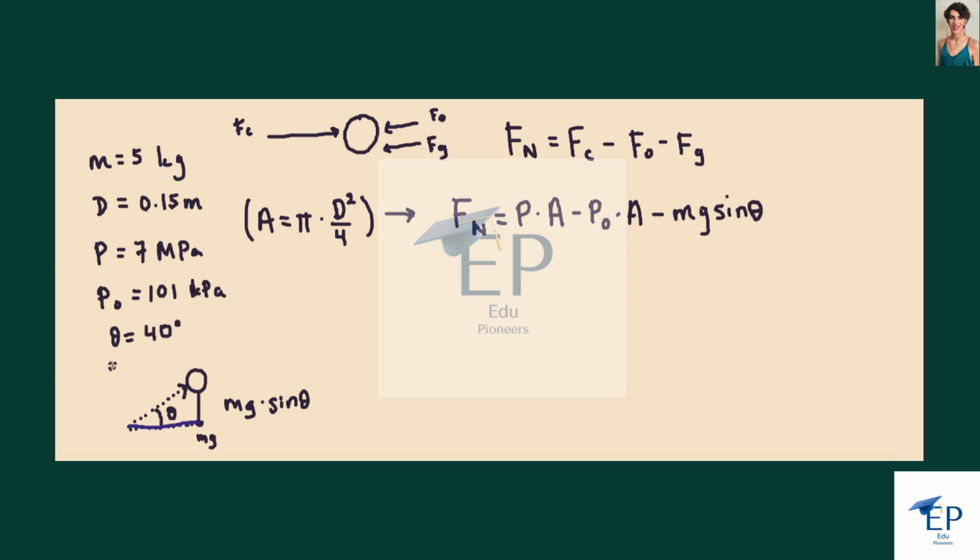Using 9.81 meters per second squared for the gravitational acceleration, we now have all the values that we need to solve for the net force. When we plug in, we get a value of 121.87 kilonewtons.